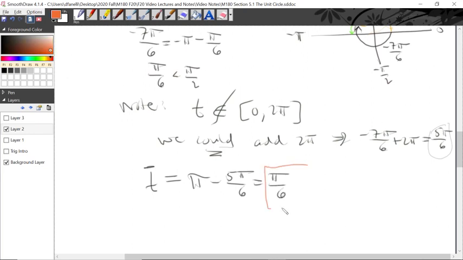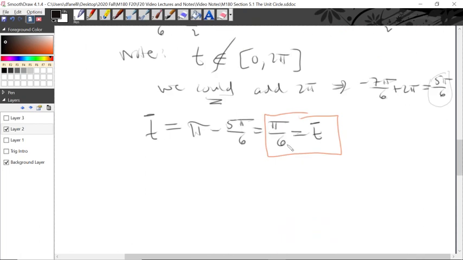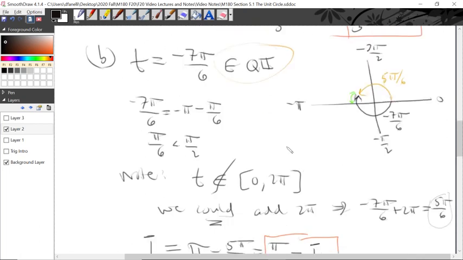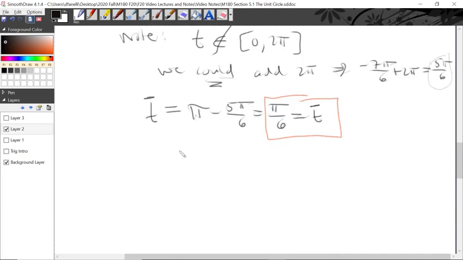So that's our reference number. Negative 7 pi over 6 has reference number pi over 6, interpreted again as the shortest distance back to the x-axis. You draw yourself a picture and calculate that shortest distance back to the x-axis, and you have the reference number.